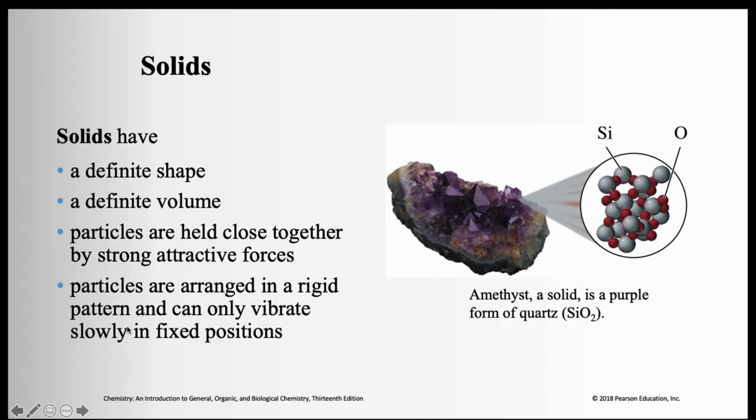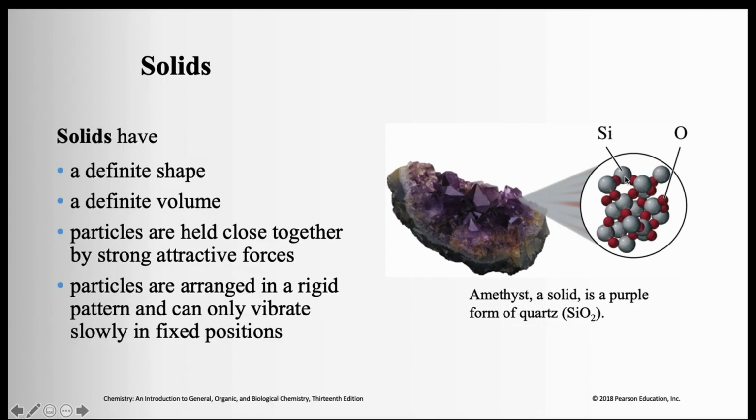Once the particles are in this rigid pattern, they cannot move around. As you can see, they're very tightly packed, so they cannot move very easily. They only vibrate a little bit in a fixed position. If I have this silicon over here, it's already bound to oxygen on either side, and it cannot really move much because it will run into this oxygen or that oxygen.